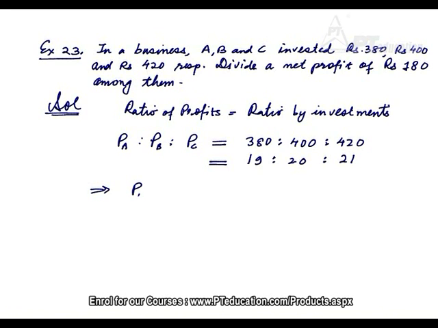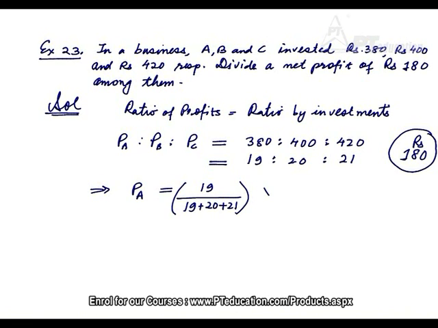And we know that the total profit was rupees 180. This is given to us in the question. So the profit of A obviously will be 19 upon 19 plus 20 plus 21 into 180 rupees, which will be 57 rupees.